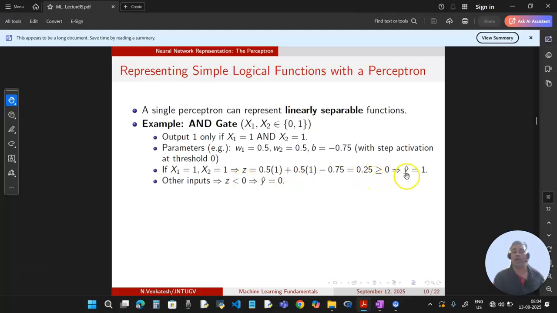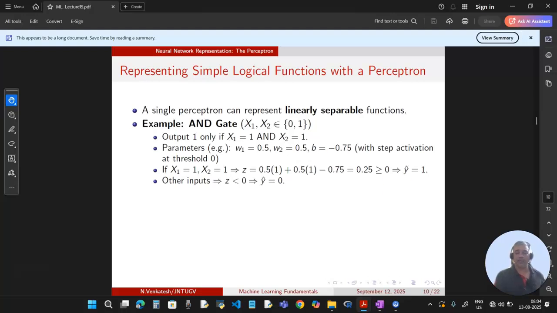Then, as we considered a step activation function, you are going to get the output as 1. For all the other inputs, either 0,1 or 1,0 or 0,0, you are going to get less than 0, so you will get an output 0. This is how the perceptron having these weights W1, W2 and B can be used for classifying AND.